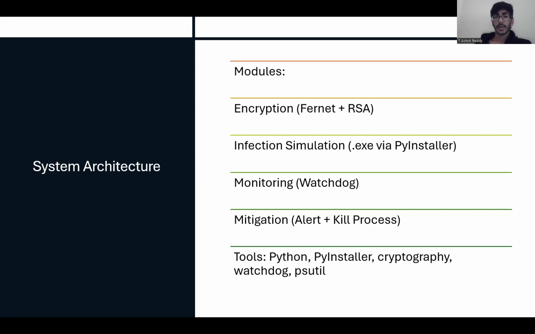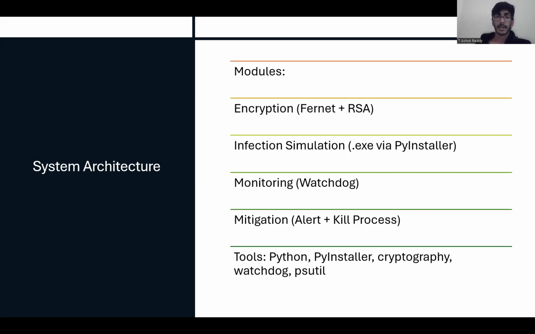Third, monitoring: we use the Watchdog library to track file system activity in real time. Fourth, mitigation: once suspicious activity is detected, the system uses psutil to kill the ransomware process and alert the user. We use tools like Python, PyInstaller, cryptography, Watchdog, and psutil.